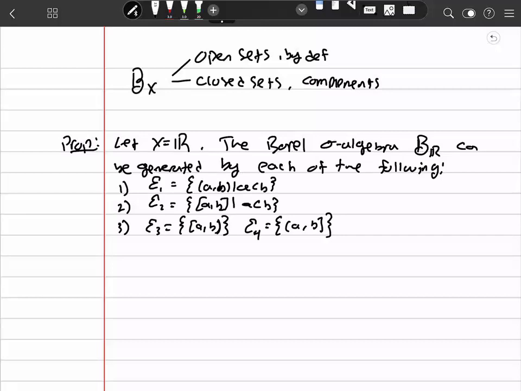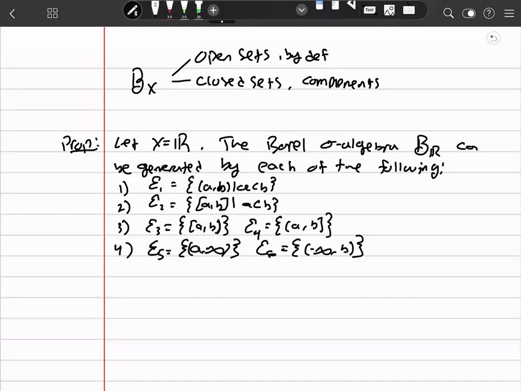Then we could also have open rays. So E5. E6 is going to be (negative infinity, b).